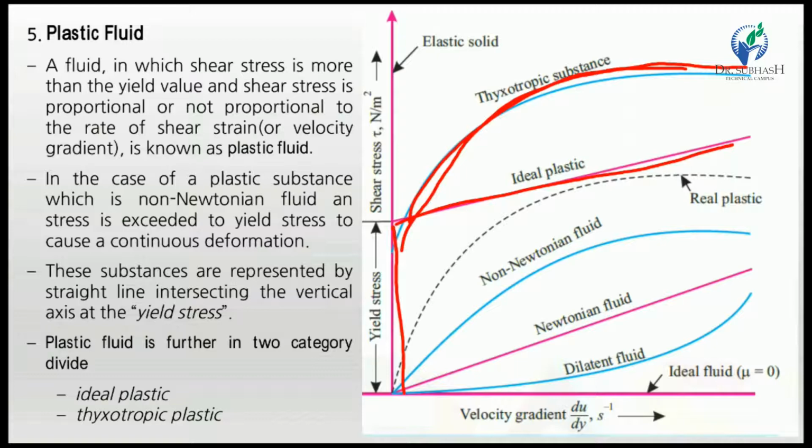So when we apply shear stress to the plastic fluid up to the yield stress, it does not move or flow. After that, if the shear stress value goes beyond the yield stress, then flow occurs in a plastic fluid. Okay.